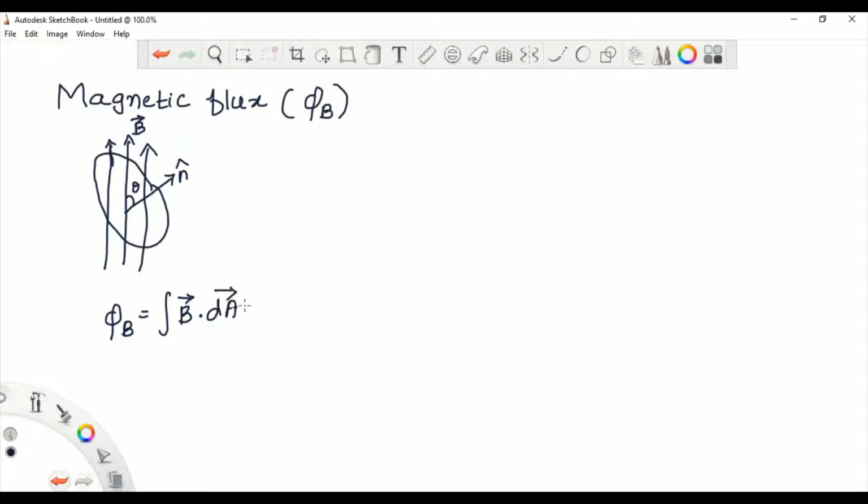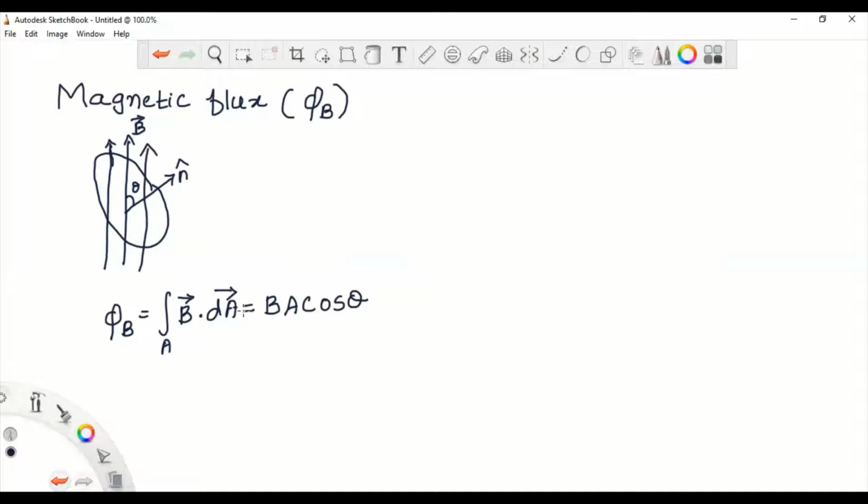So we know that if it is the dot product, then we can also write it as B A cos theta, where the integral is taken over the area A and theta is the angle between the direction of the magnetic field and the outward normal to the area.